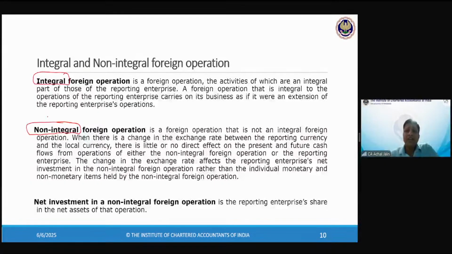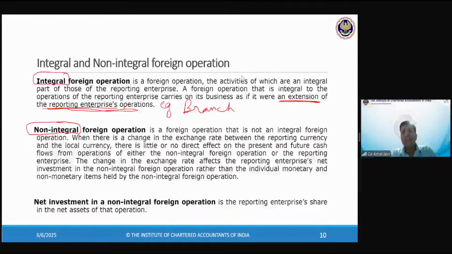Integral means something which is very much a part of the entity, or which is nothing but an extension of the entity's operations. For example, a branch. Will you consider a branch as a part of the entity or not? Branch is very much a part of the entity.